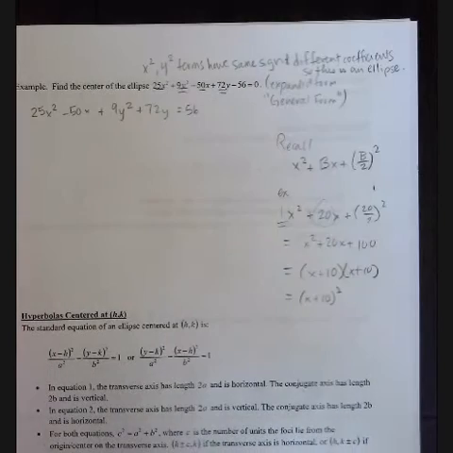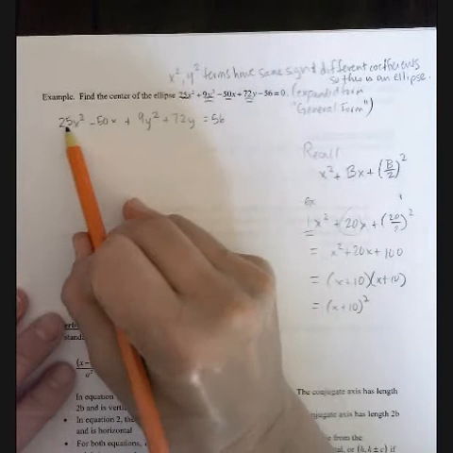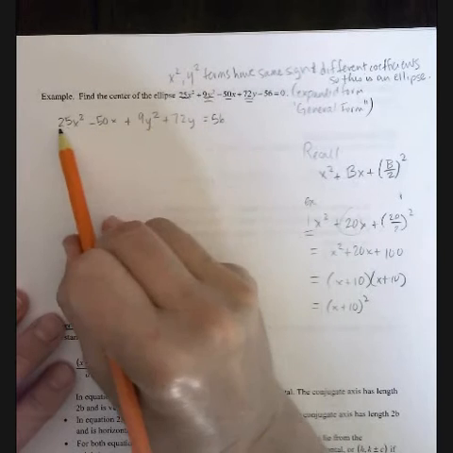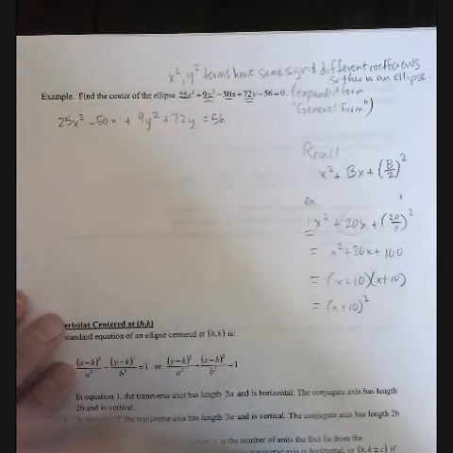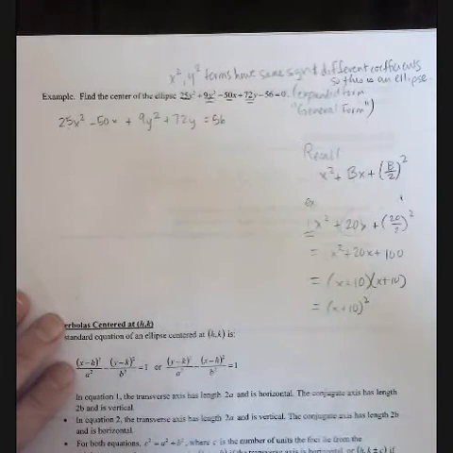So we need to go over here and get 1s in front of the x squared term and the y squared term. If these are the same coefficient, like if these are both 25, we can just divide everything by 25. Again, then it's a circle. Since they're different, we can't get a 1 in both spots at the same time.